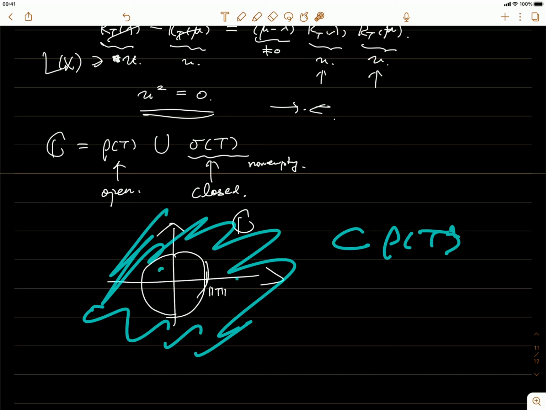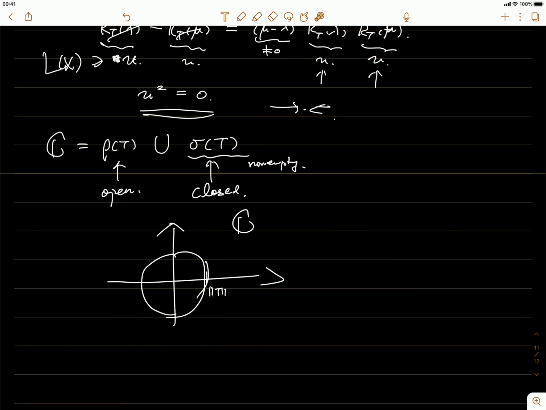And even something inside could be in the resolvent. The thing is that the spectrum can only live inside this disk, and it's a non-empty set. So it could contain at least one point in here, but it has to be living inside here. Everything outside must belong to the resolvent set.